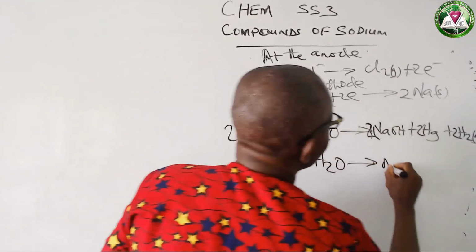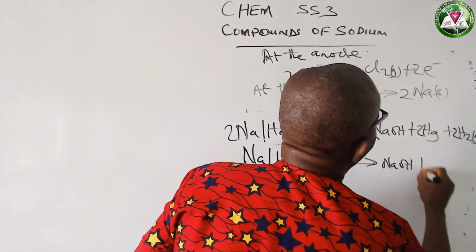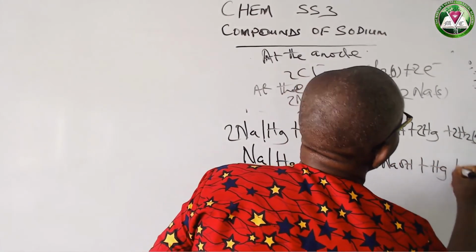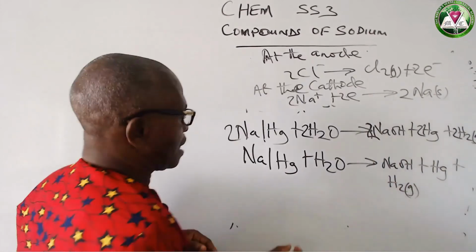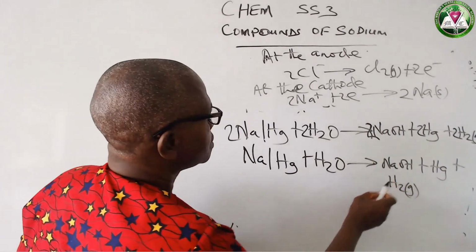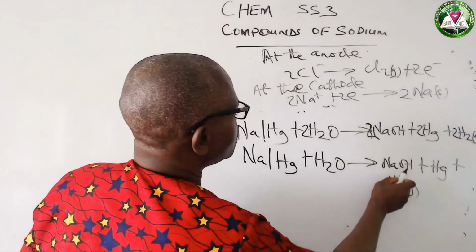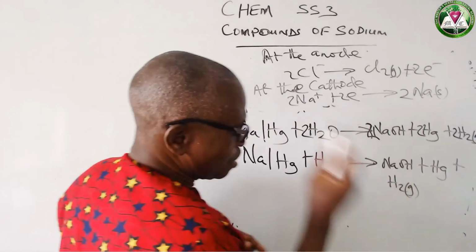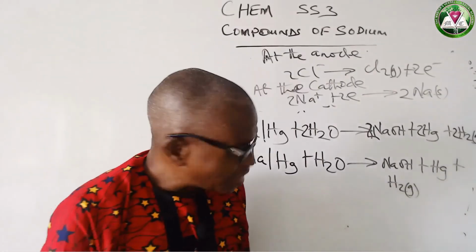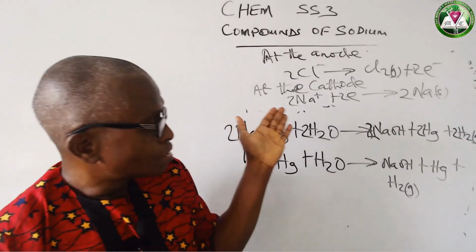Which means we can equally do it this way without putting 2: we have sodium hydroxide plus mercury plus hydrogen gas. Let's look at whether sodium is 1, oxygen is 1, hydrogen is 2, hydrogen is 2. Therefore, you don't need to put the 2. That's how you produce your sodium hydroxide.